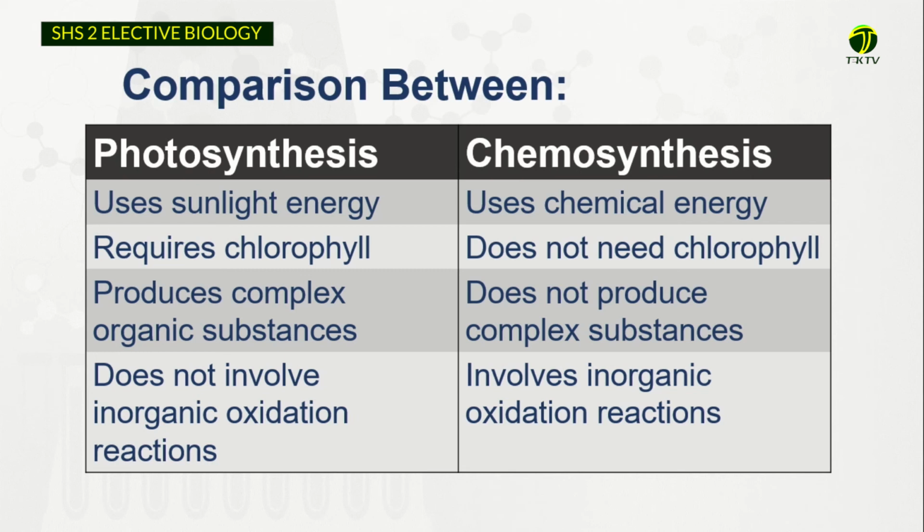In photosynthesis, at the end of the process, you produce complex organic substances, which is the food. But chemosynthesis does not produce complex substances. Photosynthesis does not involve inorganic oxidation reactions, but chemosynthesis involves inorganic oxidation reactions.